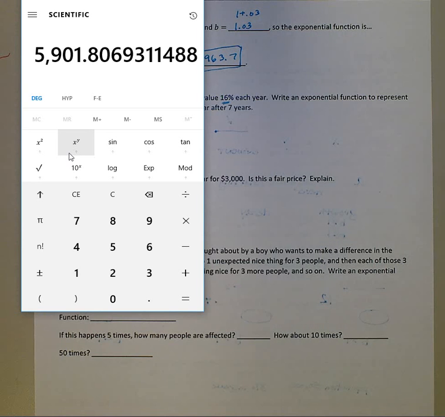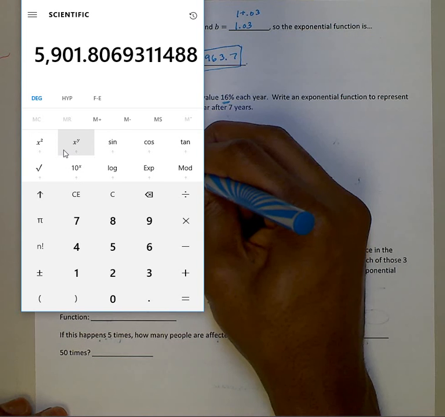Make sure I did that right, 1 minus 0.16. Okay, so that's 0.84 to the 7 times 20,000. Alright, there we go. $5,901.81.